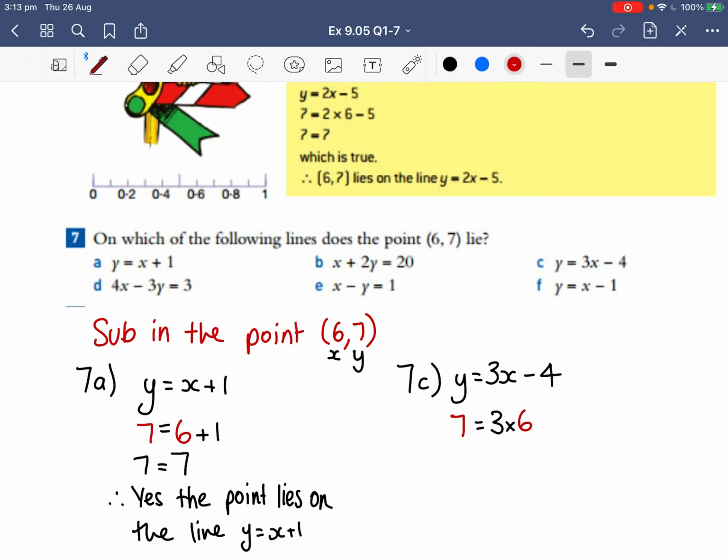The relationship between 3 and x is times our x value of 6, minus 4. So I have 7 equals 3 times 6 is 18, minus 4. 7 equals 18 minus 4 is 14. Now, because they are not equal to each other, 7 definitely does not equal 14. The point doesn't lie on the line.